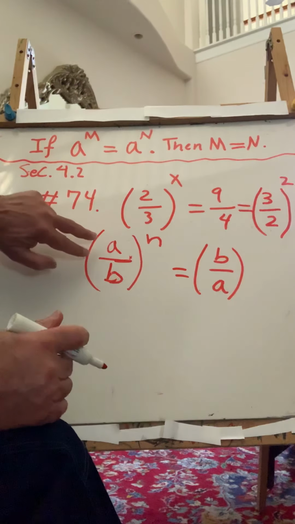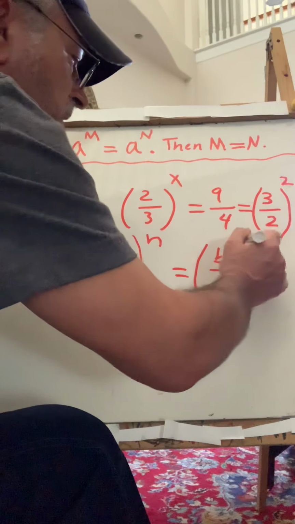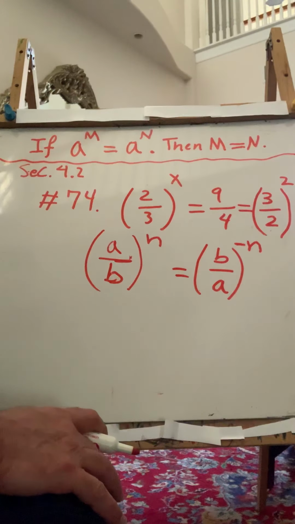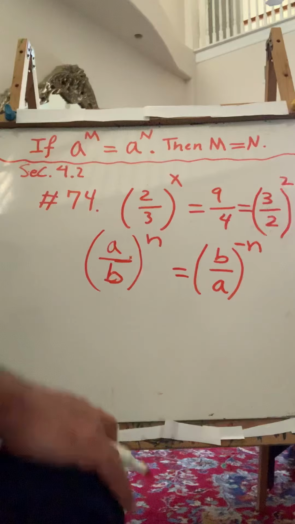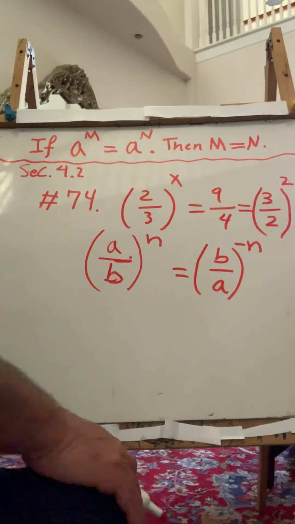In other words, reciprocate the base, but then you also have to change the sign of your exponent, which becomes raised to the negative n instead of n. I'm sure you have seen the rule that tells you how to make negative exponents positive, and this actually comes from that. But you might not have seen this shortcut.